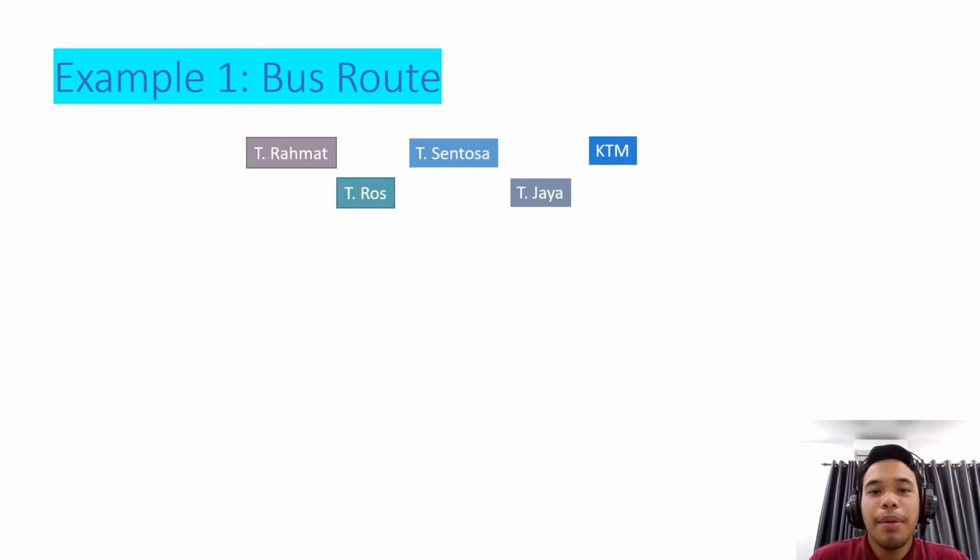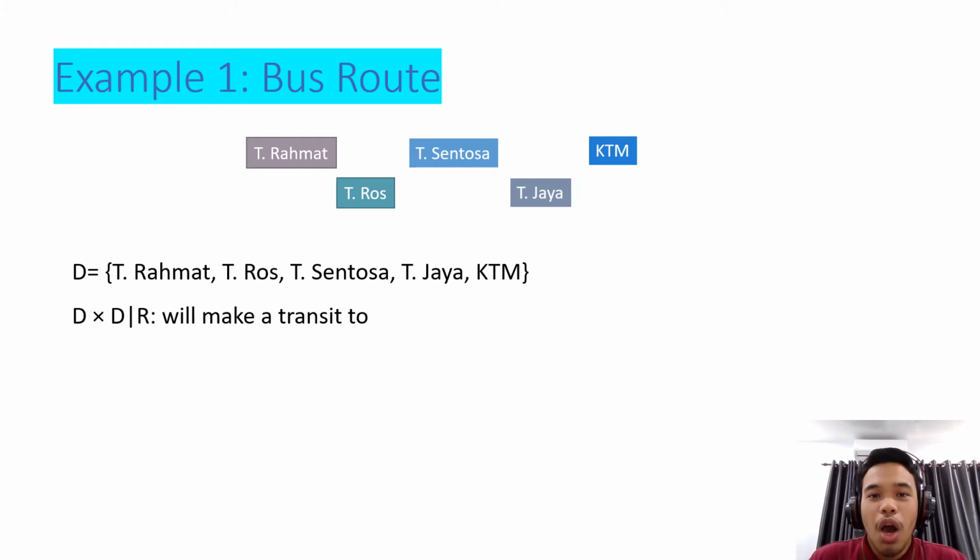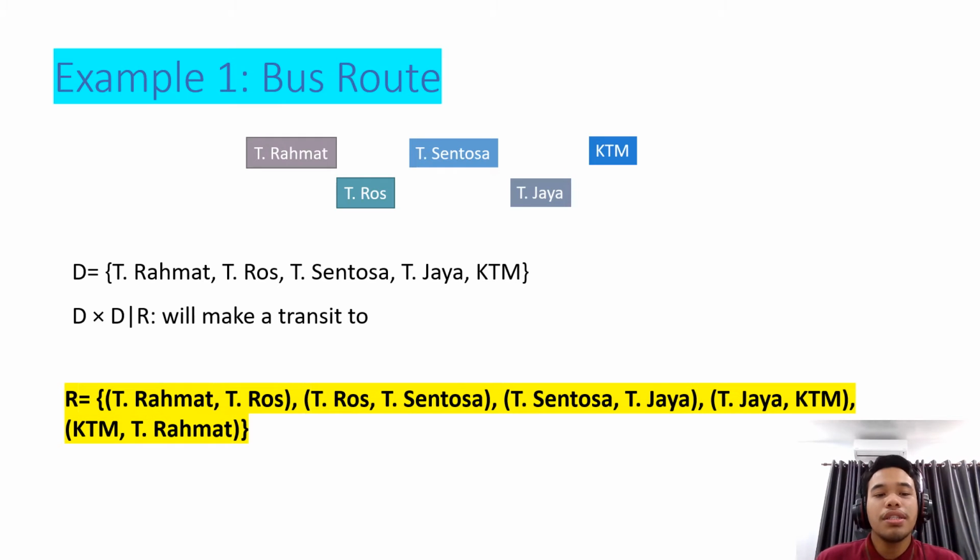So from here, we can make a relation. Let's say the places are the elements of D. The elements of D are Taman Rahmat, Taman Ros, Taman Sentosa, Taman Jaya, and KTM. If we want to make a relation on D times D, where R is "will make a transit to", the relation will be R equals Taman Rahmat will make a transit to Taman Ros.